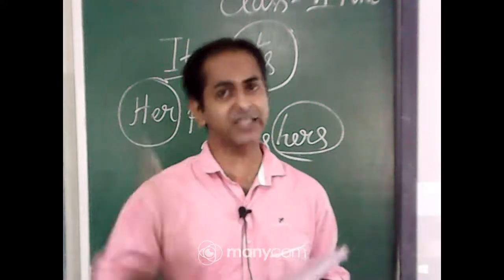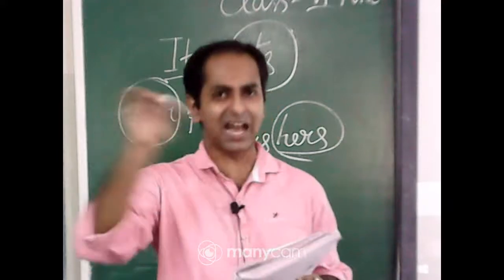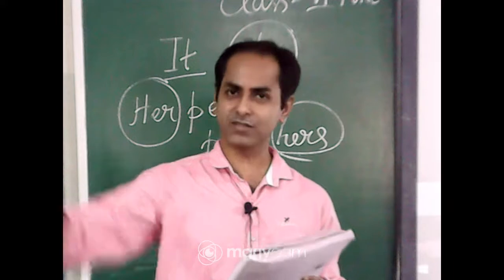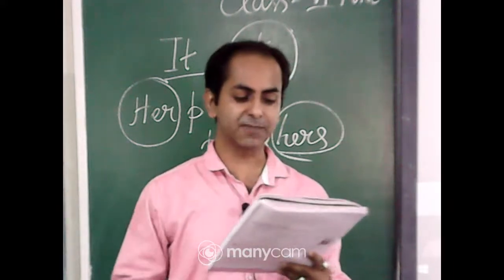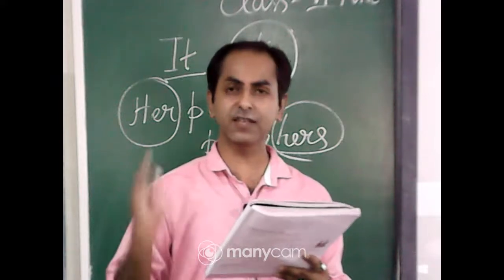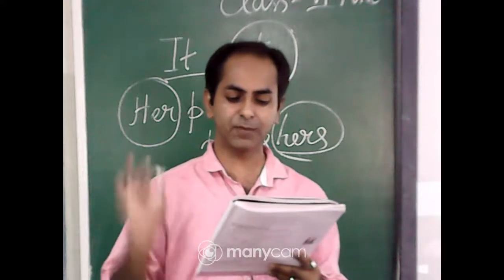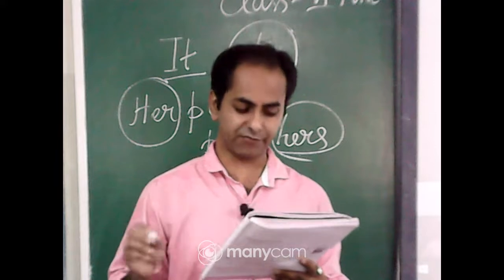That's why it is said that it does not have any possessive form, that means when it is used as a pronoun, so it is never used as a possessive pronoun. Its can never be used as a possessive pronoun. It is used as a possessive adjective.